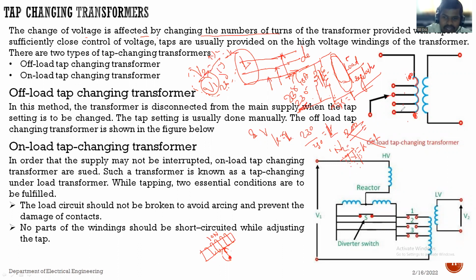Okay, 0 to 100. If I connect this tap to here, then I got this number of turns, up to that this number of turns, and up to that this number of turns, like that. Okay, see, that means there are some point or some of the tapping point is required to do the connection. That means to change the number of turns काय करायचे, change करायचे.